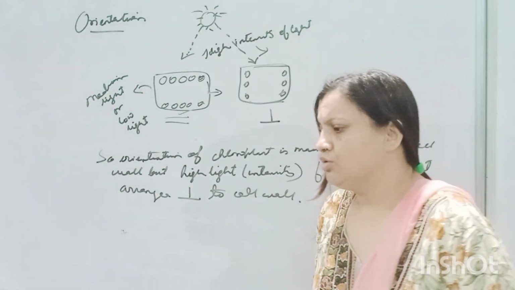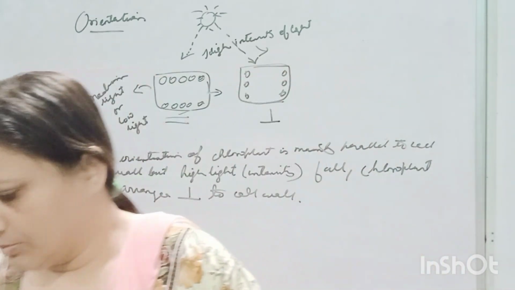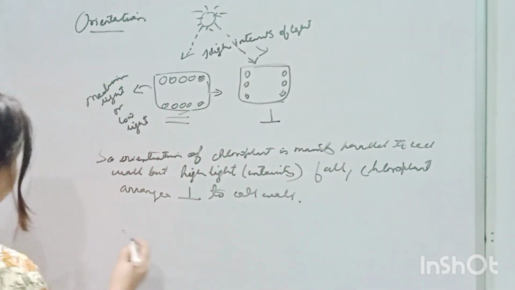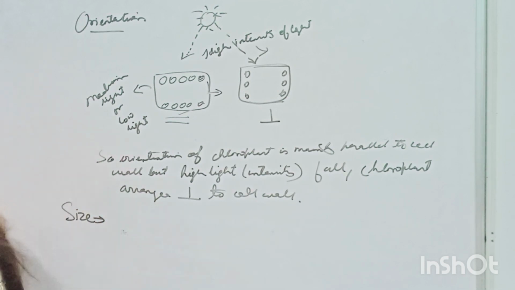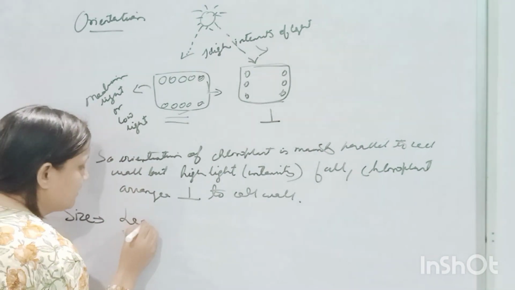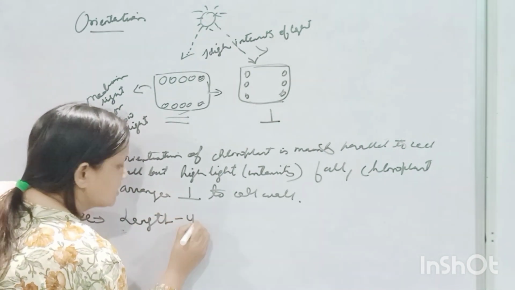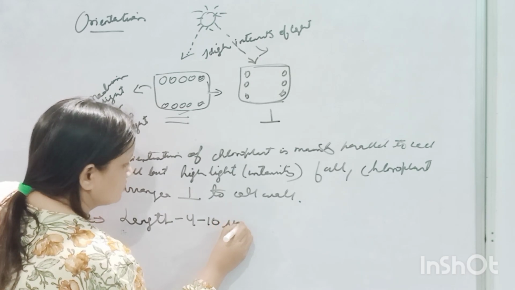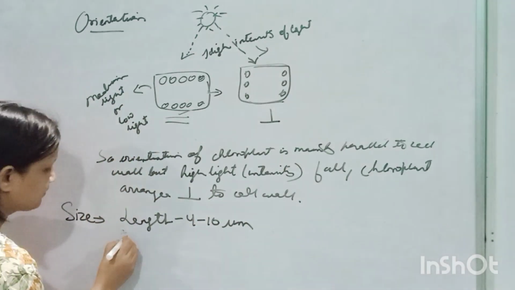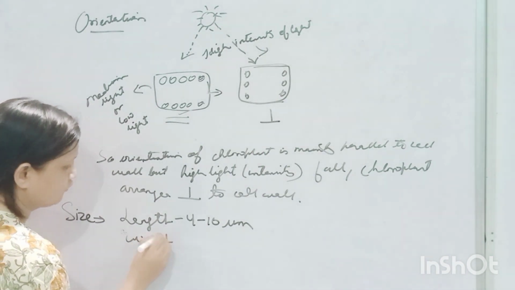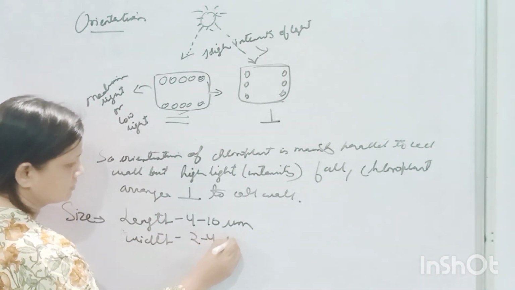Now we will go on to the size. So what is the size? The length is 4 to 10 micrometers and the width is 2 to 4. Good.